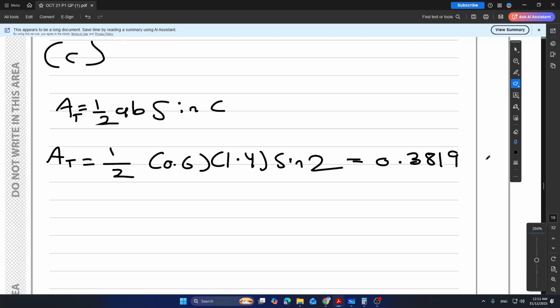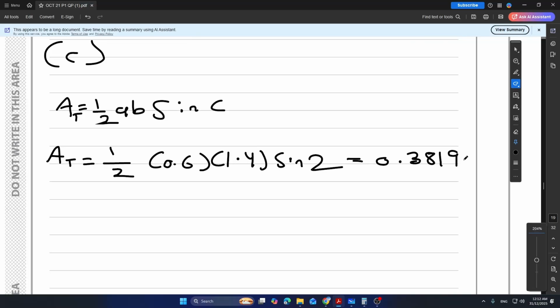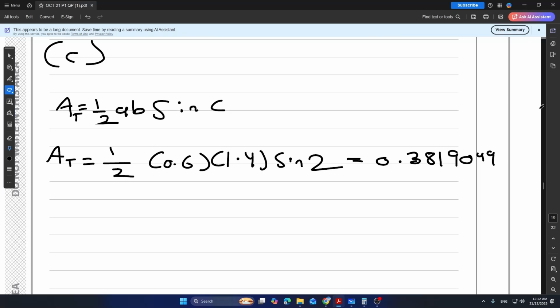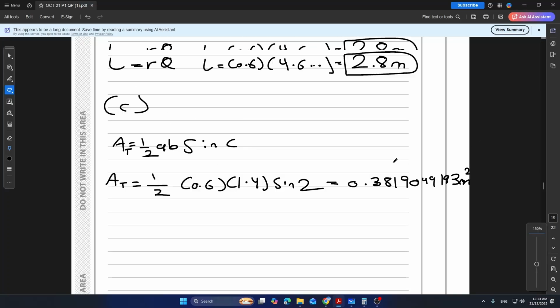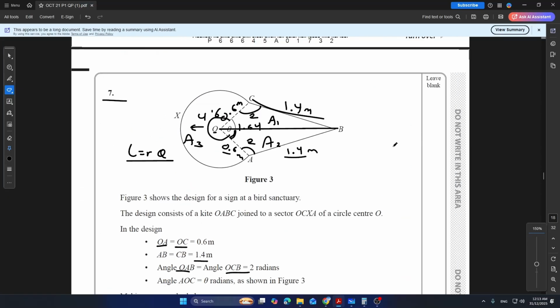0.3819049193. So this is the area of the triangle. Make sure you have the calculator on radian mode so it doesn't give you some stupid value again, because the values are given in radians.